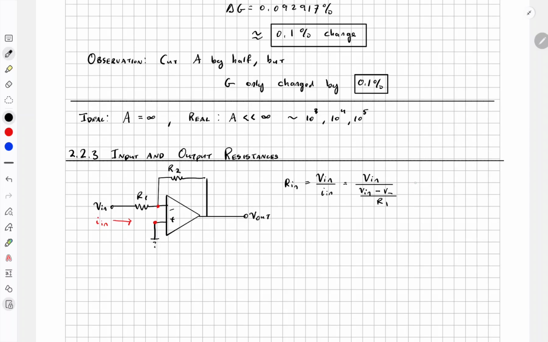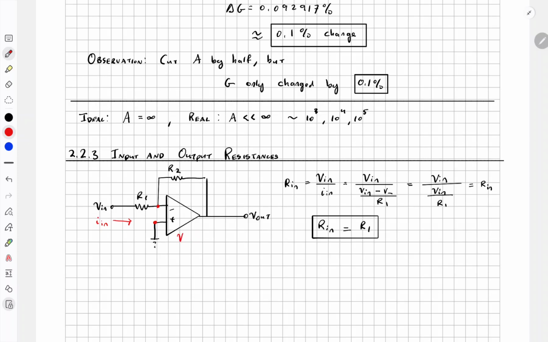But in the ideal op-amp, because V plus is connected to ground, through the virtual short, V minus is also said to be grounded. So then we can say that R in equals V in divided by (V in minus 0) divided by R1. Simplifying this, the V in cancels, and the 1 over R1 gives just R1.